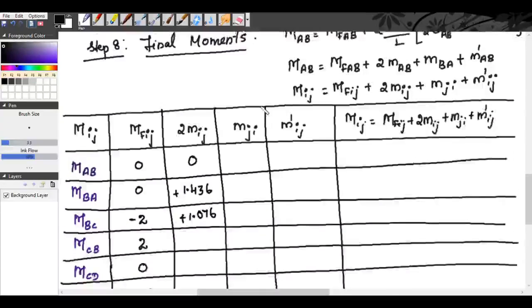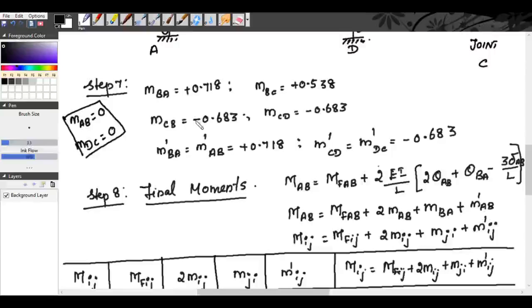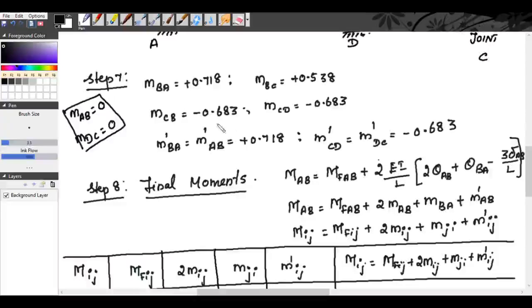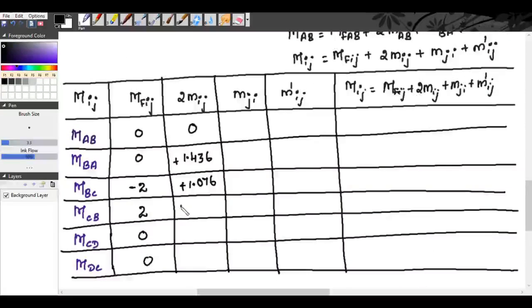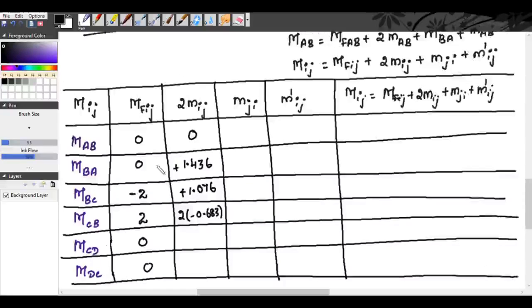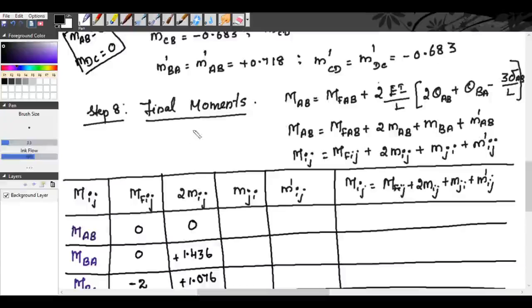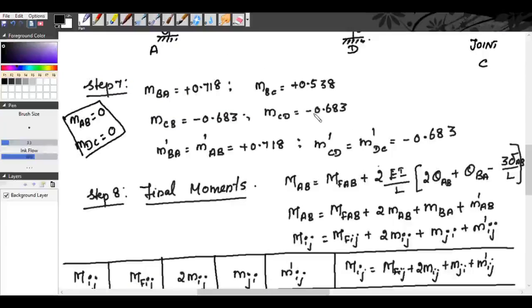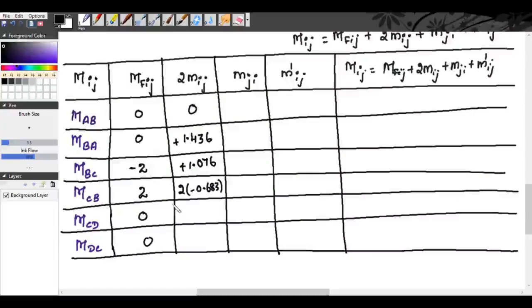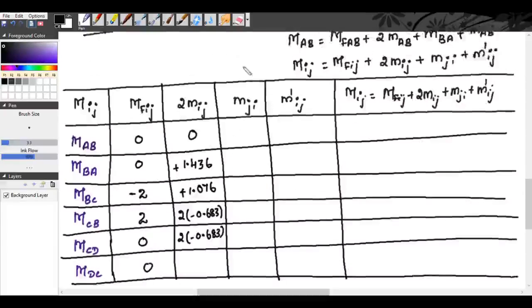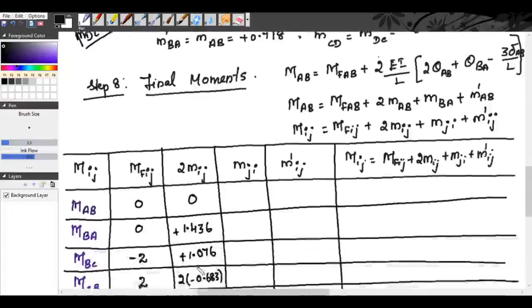Here MCB is minus 0.683, so 2 into minus 0.683. MCD, small MCD, right? Minus 0.683. So 2 into minus 0.683. MDC is 0.